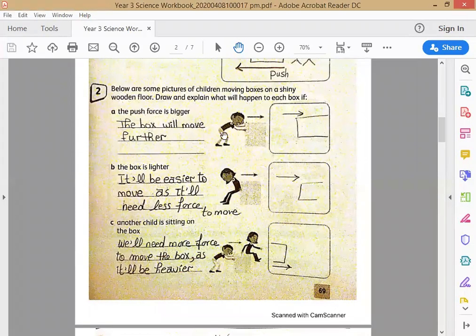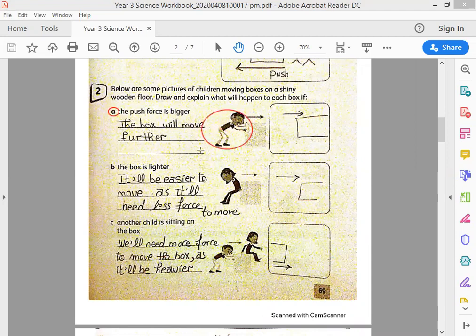Below are some pictures of children moving boxes on a shiny wooden floor. They place it on a shiny wooden floor, which of course would be a smooth floor. He asks you to draw and explain what will happen to each box. In question A, the push force is bigger.